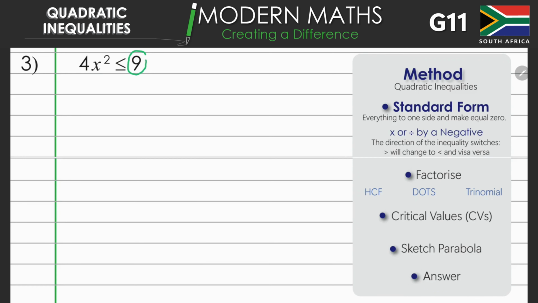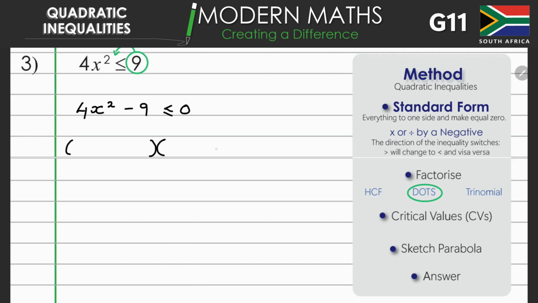Alrighty, next up is DOTS, the difference of two squares. So, standard form: move that 9 over so that everything is equal to 0. Okay, the inequality sign must point in the same direction. Nothing changes over there. Now, when I apply DOTS, you've got to square root the terms individually.